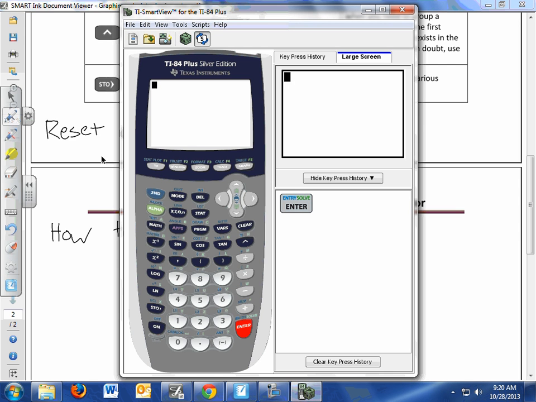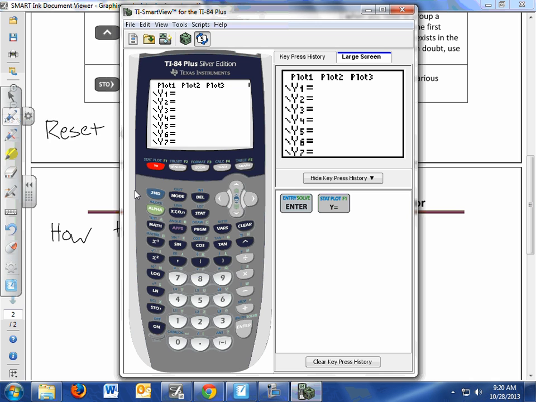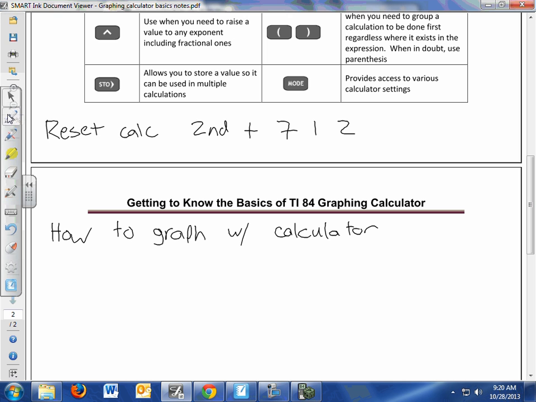First button you need to familiarize yourself with is this Y equals button. Okay. Y equals is where you plug in equations.